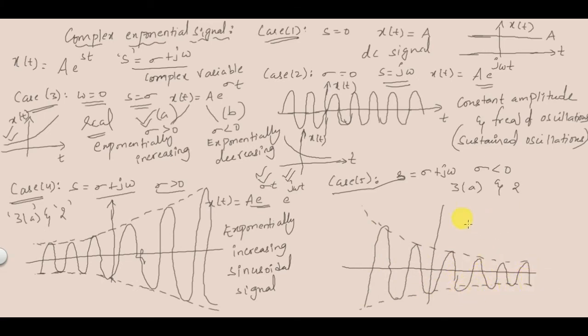So this type of output or this type of signal is called as exponentially decreasing sinusoidal signal. Okay, so this is the combination of 3B and 2. So these are the 5 cases of complex exponential signal.